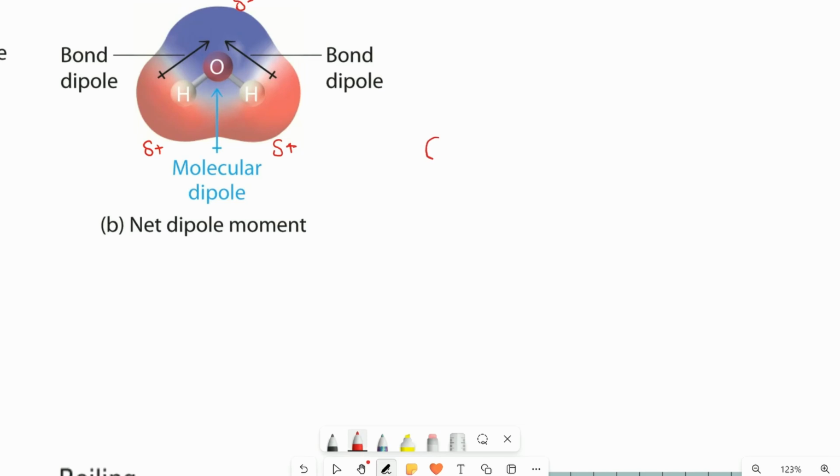So what happens? Well, when there's another water molecule, should I just draw another one? I'm just going to draw my own. And if you wonder why teachers tend to draw oxygen in this way, that's covered in another topic, the shape of water.